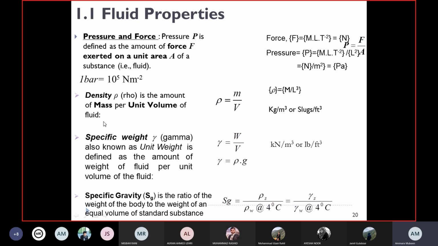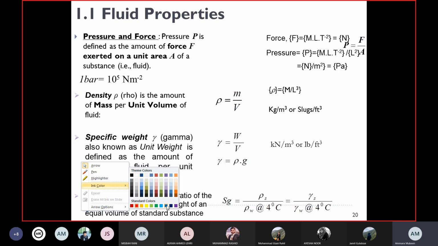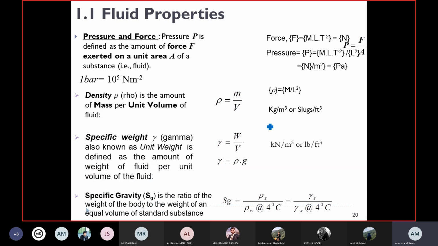Then you should know the definition of density, which is mass per unit volume. You should know the definition of specific weight. Density is represented by rho, and it is mass over volume. Units are given here. Okay, these are the units.